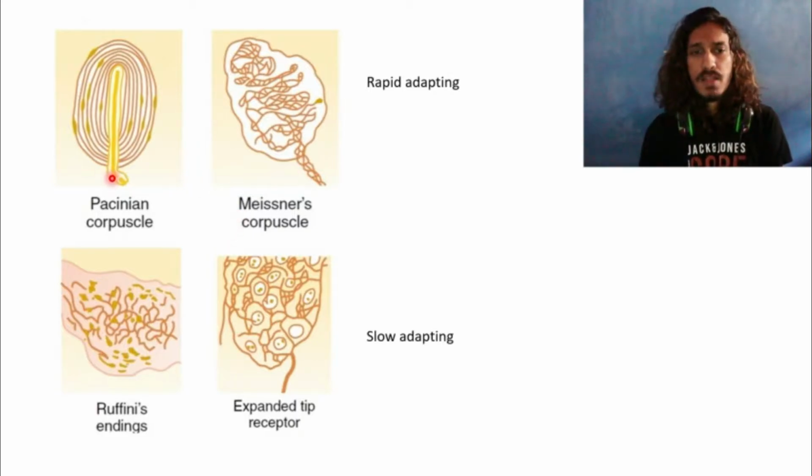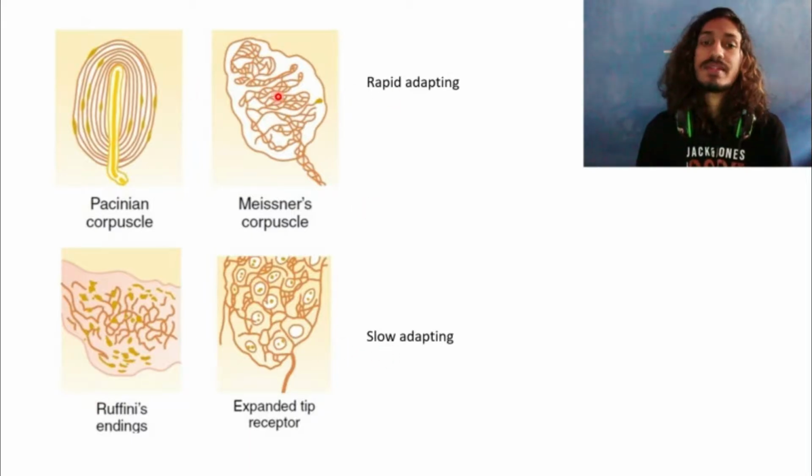So we have a Pacinian corpuscle. Generally you can see there's a corpuscle outside like this, covering it, encapsulating it. Over here, this is your Merkel's disc, which is the expanded tip receptor, and we have Ruffini's ending. So these are slow adapting and these are rapidly adapting. Please remember that.